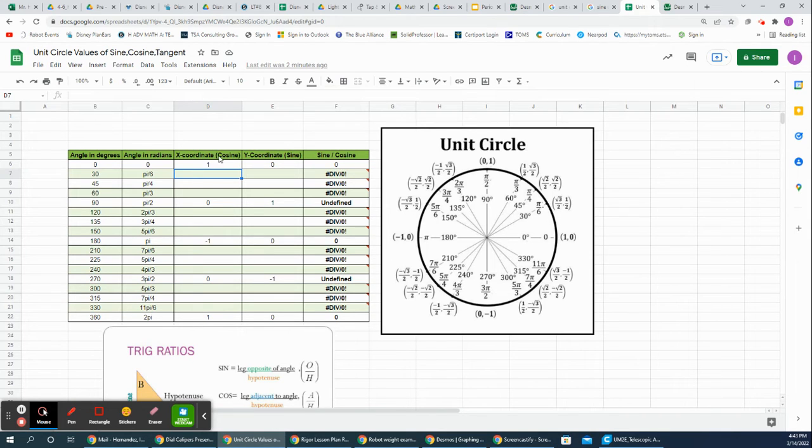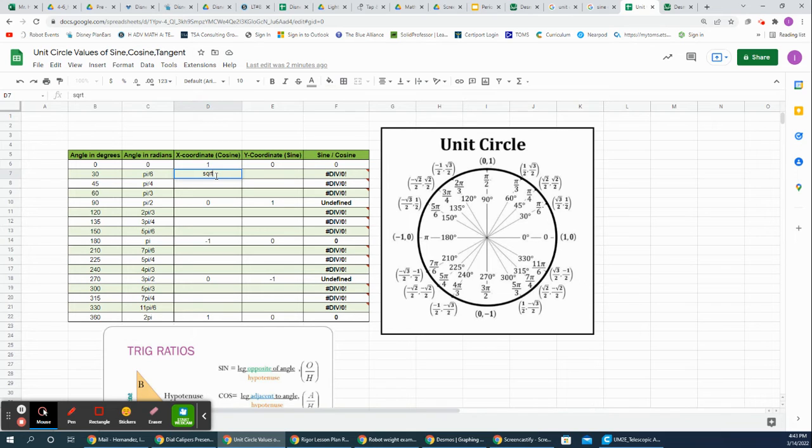For the x-coordinate, or again, cosine of 30 degrees or cosine of pi over 6, that's the same thing. So what's cosine of 30 degrees, or what's cosine of pi over 6? Well, remember, it's the x-coordinate. So it's radical 3 over 2. You're not going to put square root of 3 over 2.